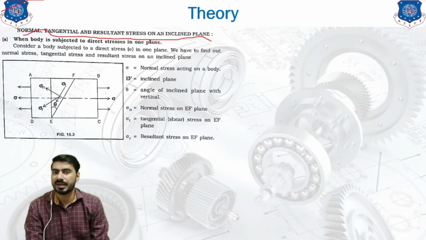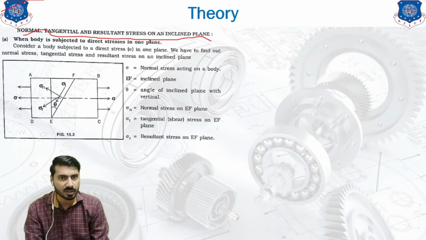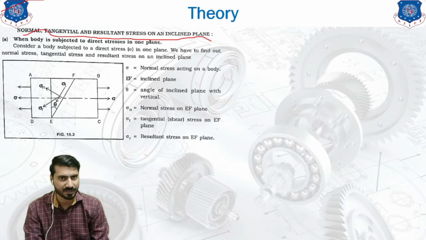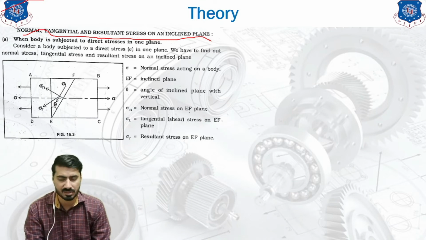Again, it doesn't have to be an inclined plane. It could be vertical, horizontal, or at any angle. But if we can derive an equation for an inclined plane, then it could be used for any plane, whether horizontal, vertical, or inclined. So we are deriving an equation for the general case.